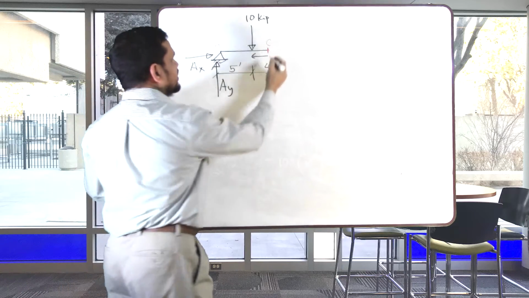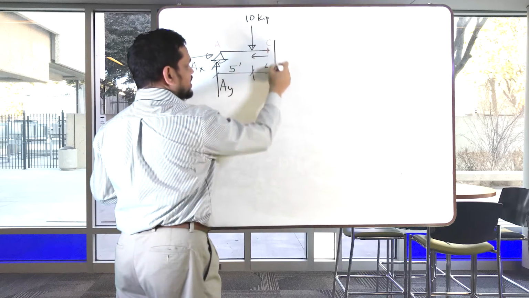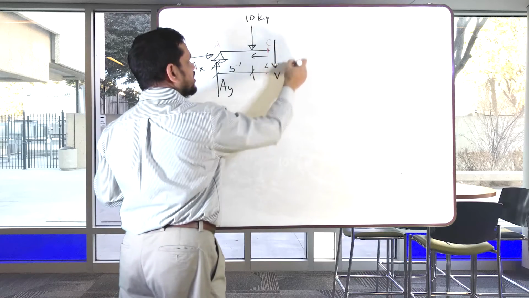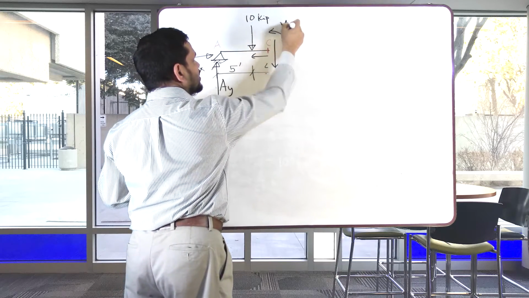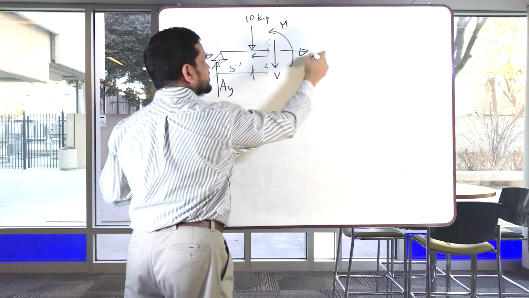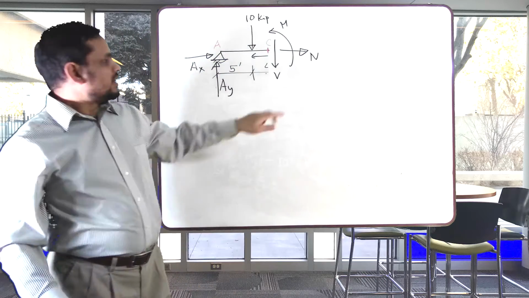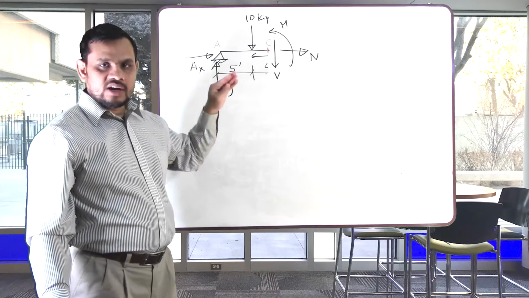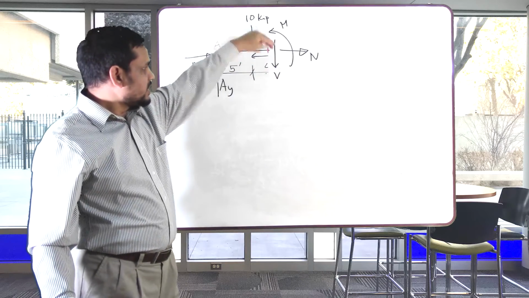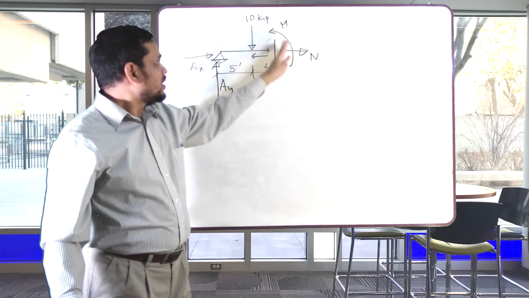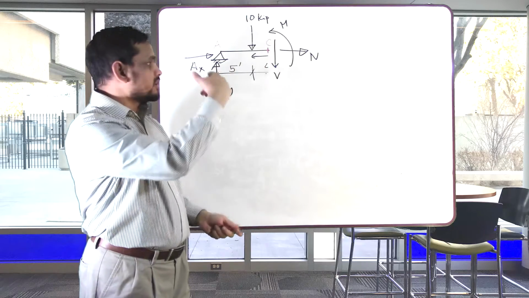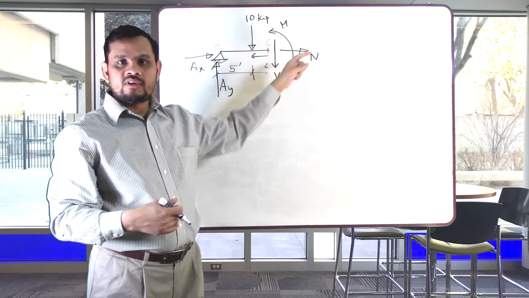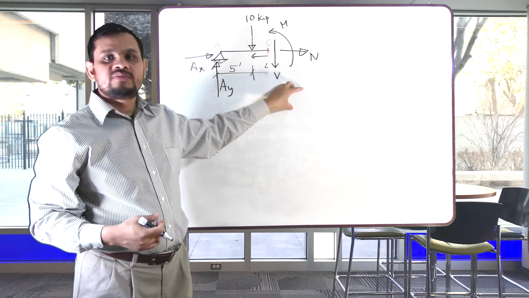My shear force will be this way, moment this way, normal force this way. We learned from our previous lecture that if you cut somewhere, we assume V downward, moment counterclockwise, axial force away from the point. This is the positive sign convention.